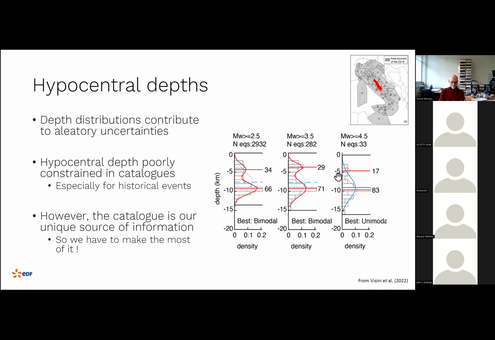Sometimes it is very peaky, because hypocentral depths are sometimes fixed by observatories for practical purposes, so you can have peaks at 5-kilometer depth, 10-kilometer depth, or 15, for example, because they are fixed in advance. This is something you will need to consider when you're trying to estimate your distributions.